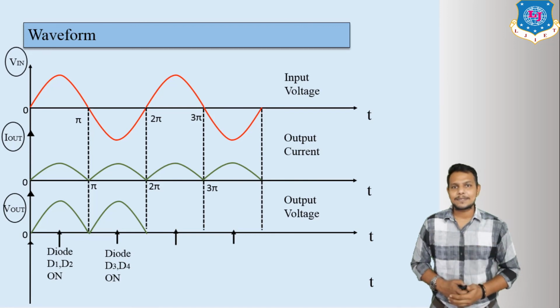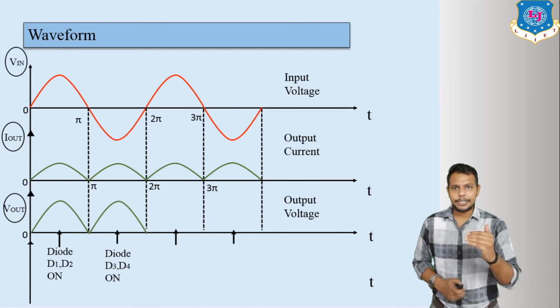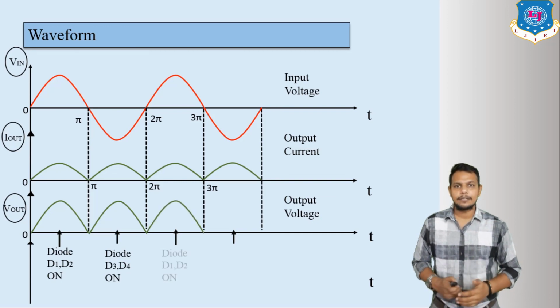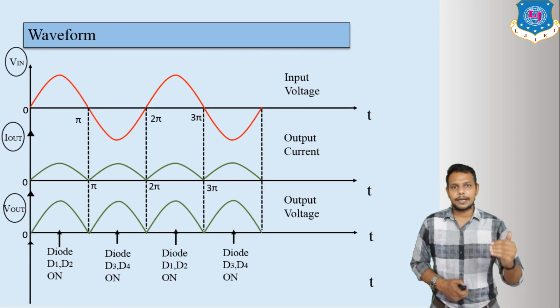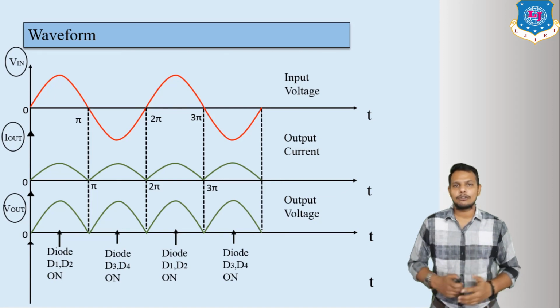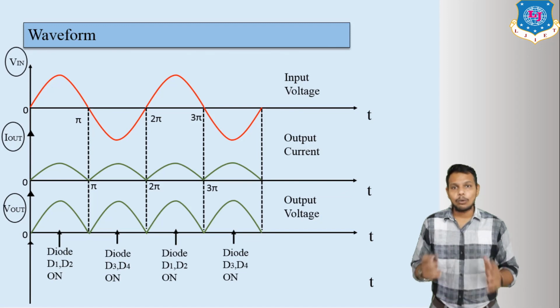For the second half cycle, D3 and D4 are on, whereas D1 and D2 are off. Similarly here. And for the last half cycle, diodes D3 and D4 are on, and D1 and D2 are off. So this is the overall output for the bridge rectifier.